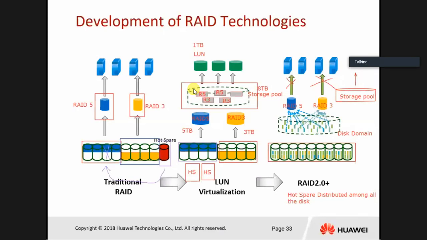I believe there shouldn't be any issue because you virtualize it into chunk form already. So it can be a different size here. It doesn't matter. When they go into the pool, they are already virtualized before they form the RAID. Basically this one, all of these must be the same size, but in here it can be different sizes.